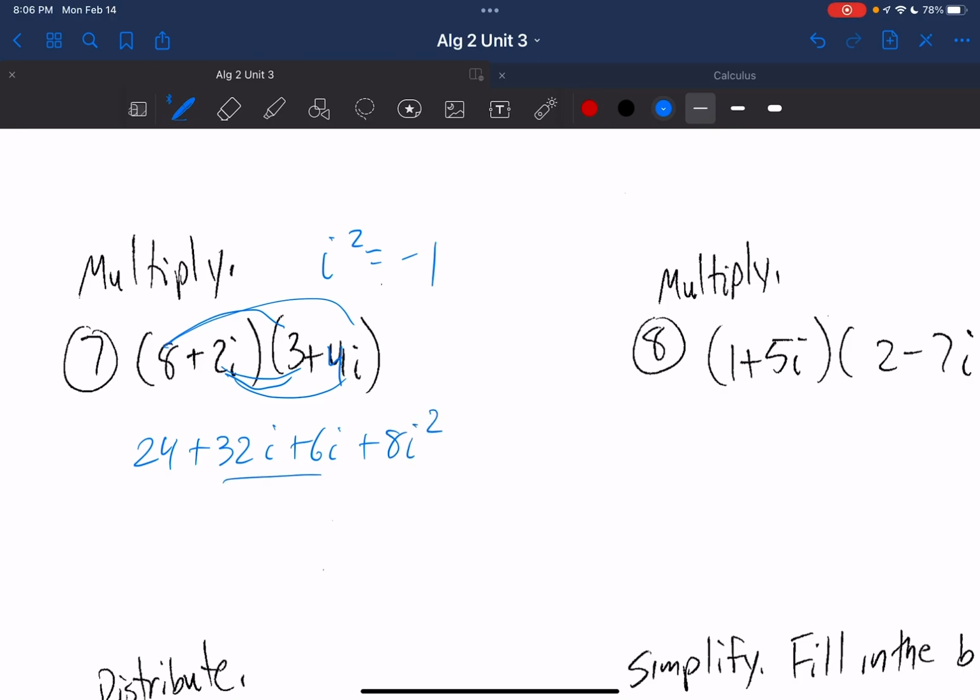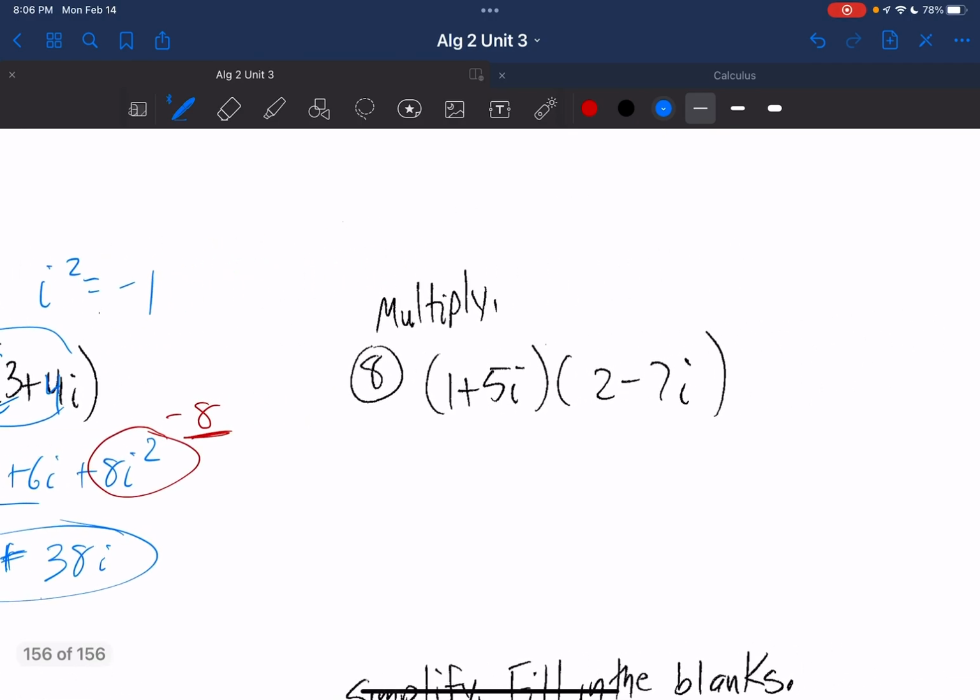Those go together to make 38i. Then we think about this part as i squared being negative 1, so this really acts like negative 8. Negative 8 with the real part of 24 makes 16. So it's 16 plus 38i.